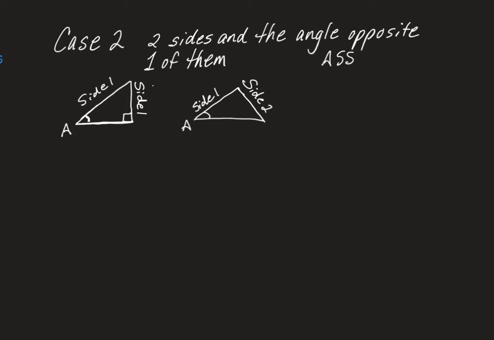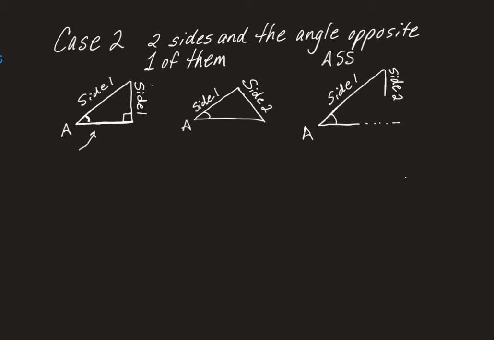But let's look at a third case. If you have an angle, okay, and we don't know how far that extends yet, but we know this angle, that's angle A, and we know this side, we're given a length, we draw it out properly, and then we're given another side, and that's the length of that other side.